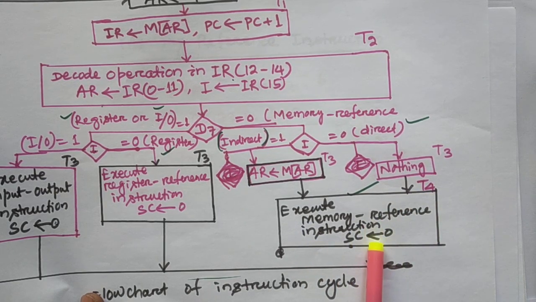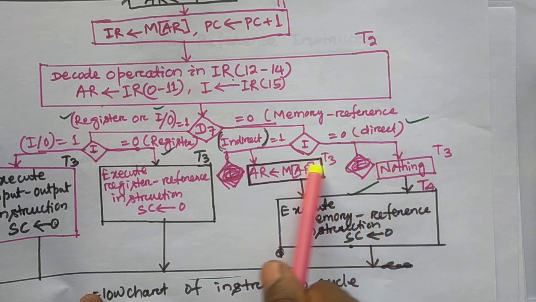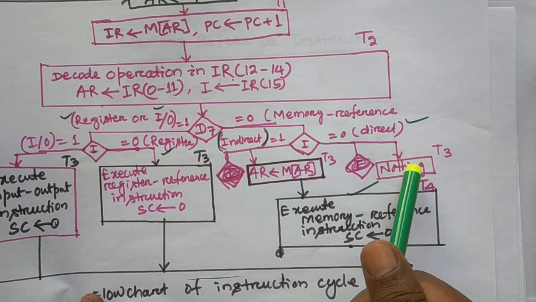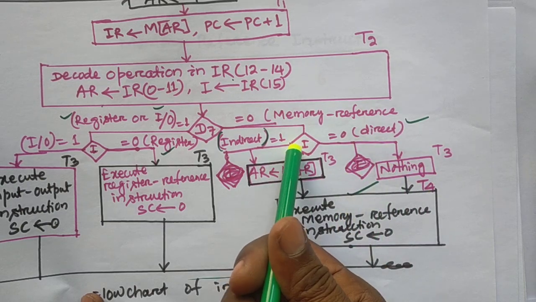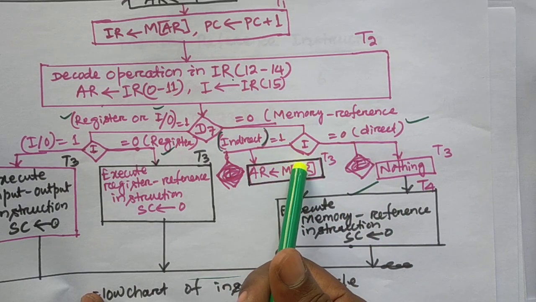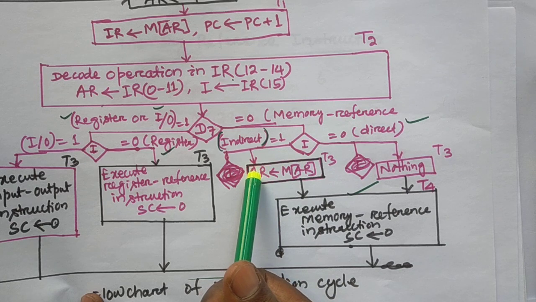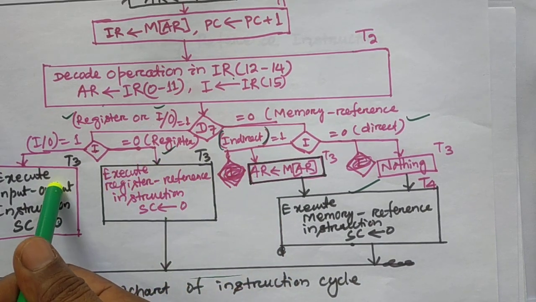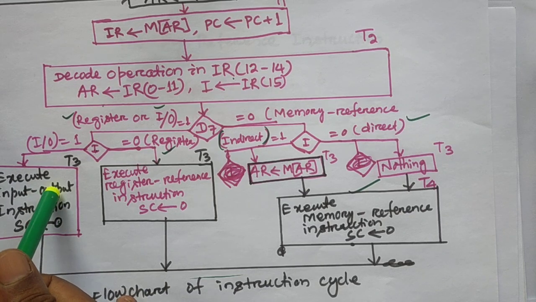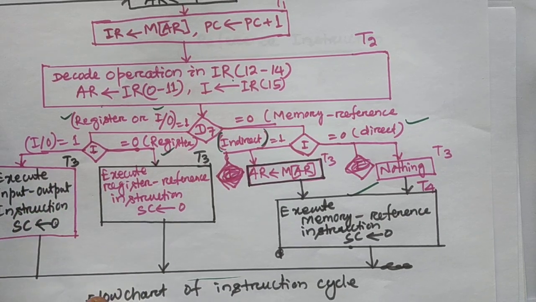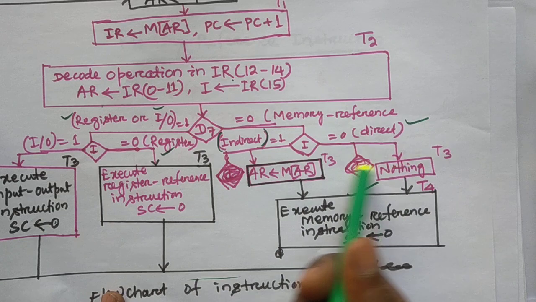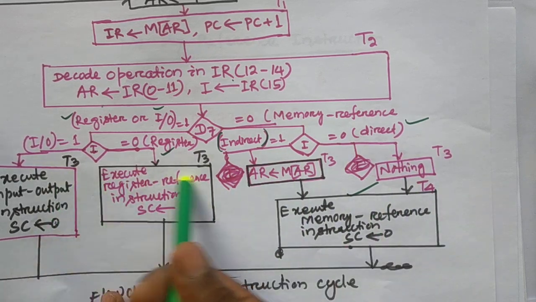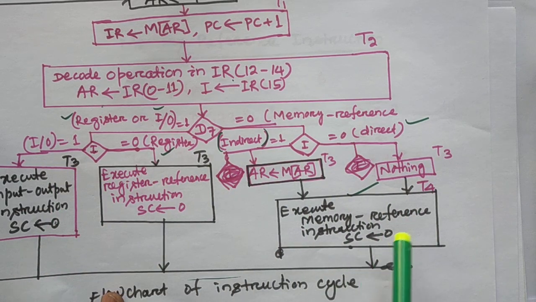If we go through this, at T3 time a direct address does nothing, and an indirect address just transfers the data from memory to address register. At T3 time we also execute register reference or input output instructions.